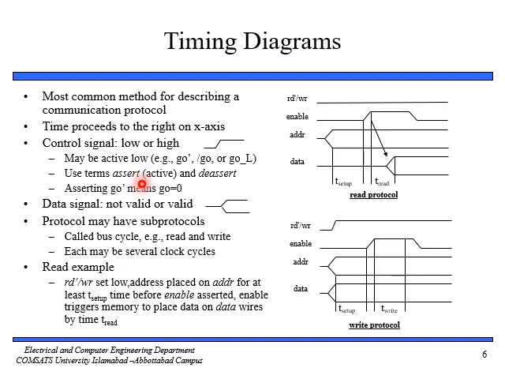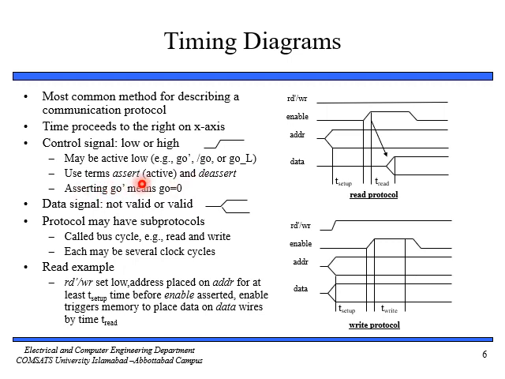Maybe active low. Active low is defined by go dash slash go or go underscore low. So these are all active low, and this is how we usually define a signal going from low to high, this shape. We use the term assert for active and deassert for low.